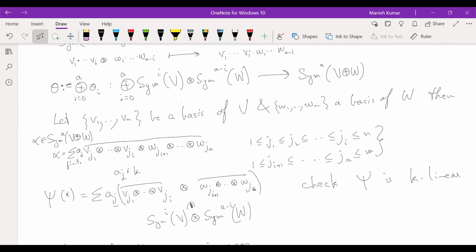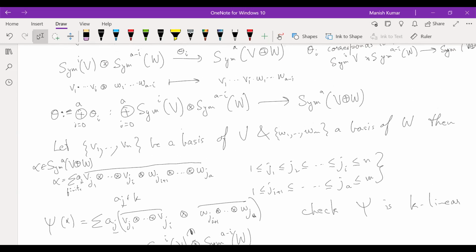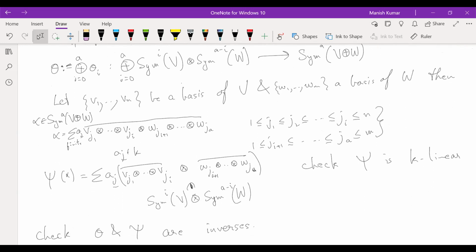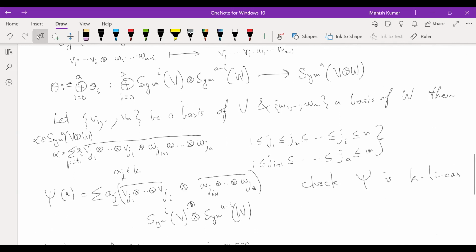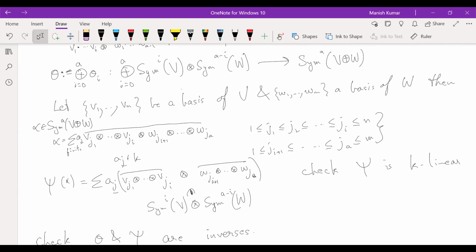So there are two ways: either you do it using the basis argument, so you show that this does form a basis, and then well-definedness is not an issue. Or you work with the tensor product and show it using universal properties.